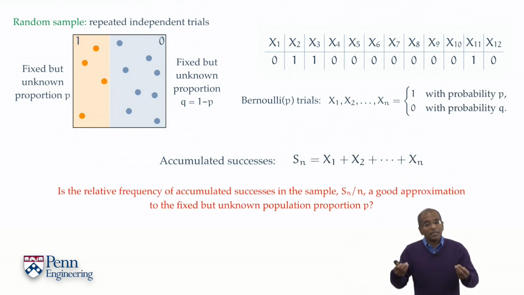We posit that the fraction of 1s in the sample, the relative frequency of successes in the sample, in other words, Sn divided by n, is a good surrogate for the fraction of 1s expected in the general population. In other words, we posit that Sn over n may be a good target estimate for that fixed but unknown P.